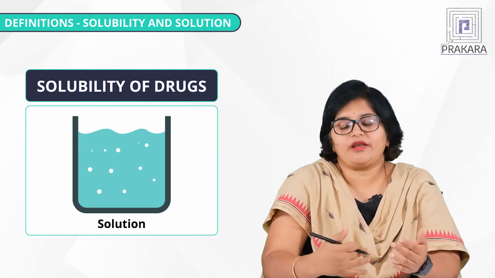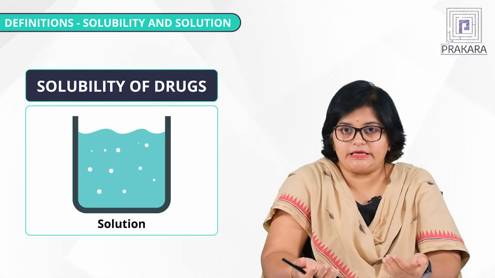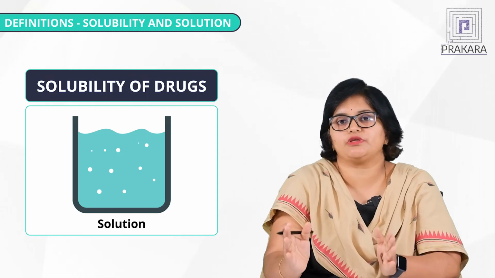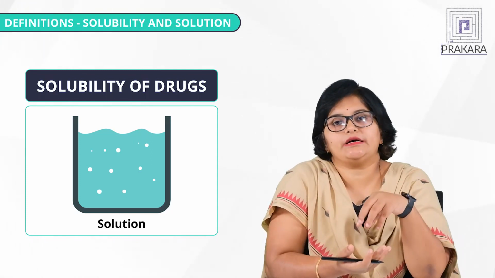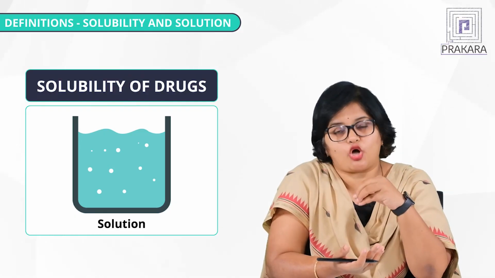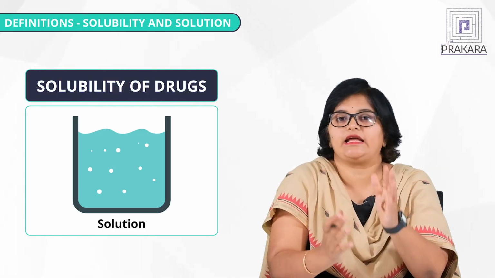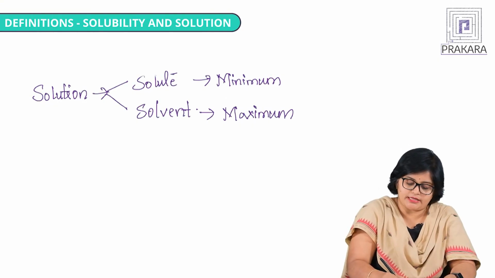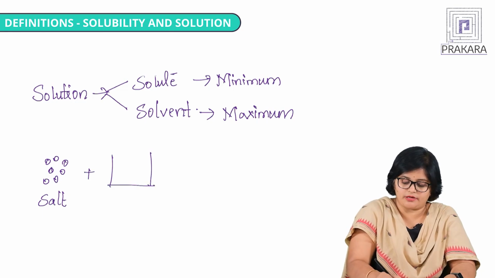Now, as you know about the solution, we have to discuss solubility. Solubility is nothing but when you take a solute and it is completely dissolving in the solvent. Suppose I have taken a certain solute, say common salt, and I have taken a tumbler of water.